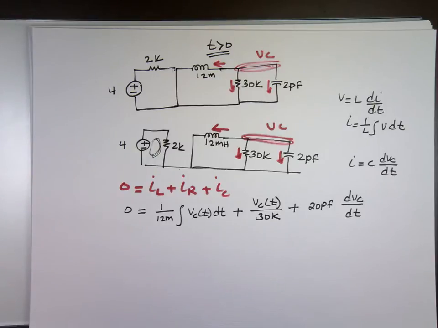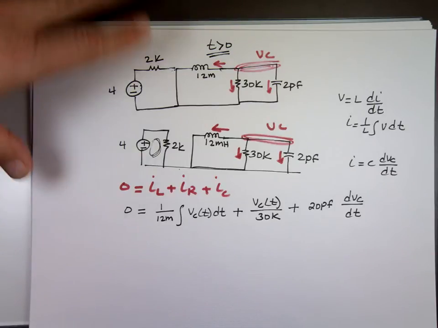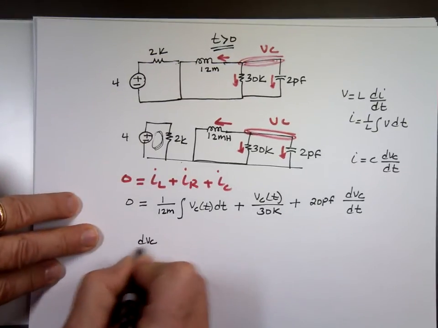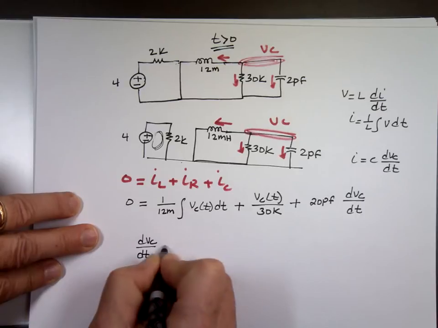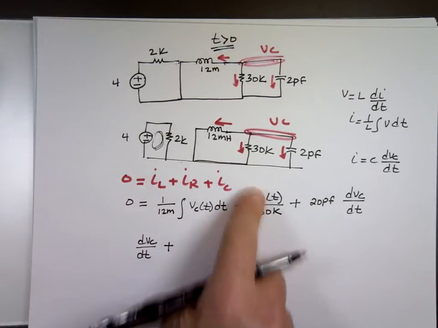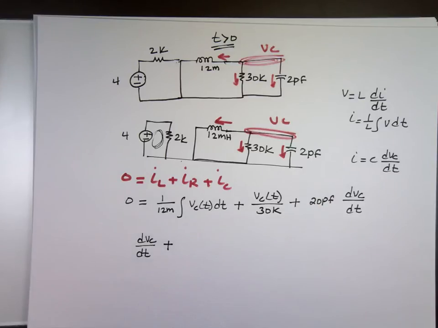If you divide by 2 pico, you'll have dVC dt plus 1 over 30K divided by 2 pico.